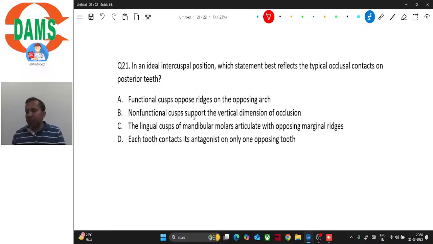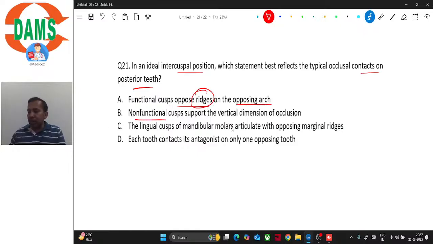So next question. In an ideal intercuspal position, which statement best reflects the typical occlusal contact on posterior teeth? So in ideal intercuspal position, that is in Angle's class 1, class 1 occlusion, functional cusps oppose ridges on the opposing arch.